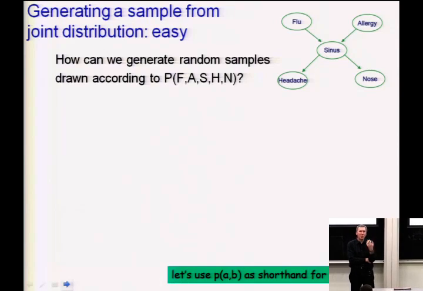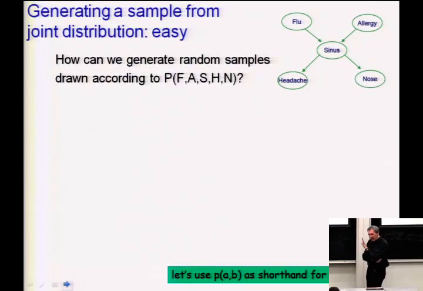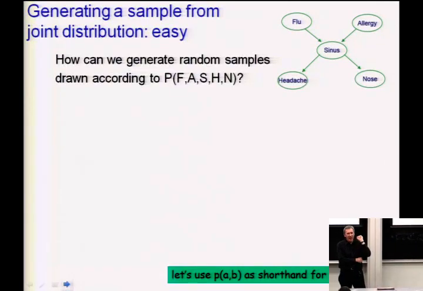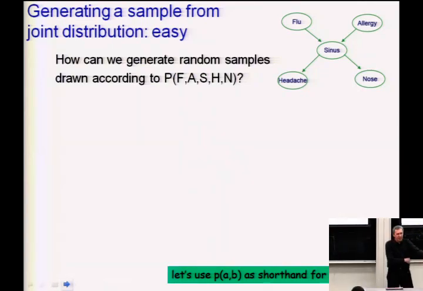Okay, so let's assume that I have a procedure that lets me look at a Bayes net and, in time linear in the size of the network, generate a random assignment of all the variables.